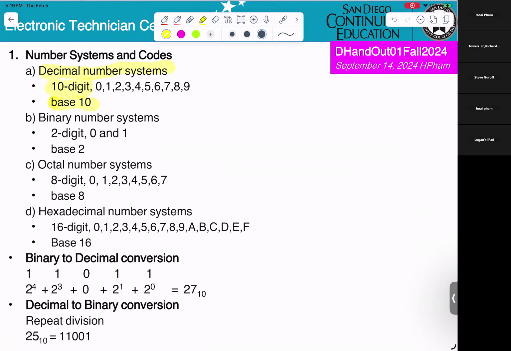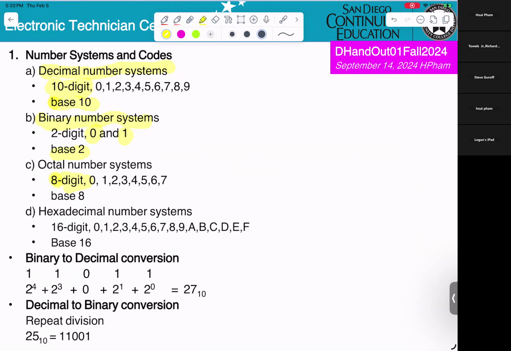The next number system they call the binary number system. That is used for the computer. They only have 2 digits, either 0 or 1. So the base will be base 2. The next one, octal number system, 8 digits going from 0, 1, 2, 3, 4, 5, 6, 7.